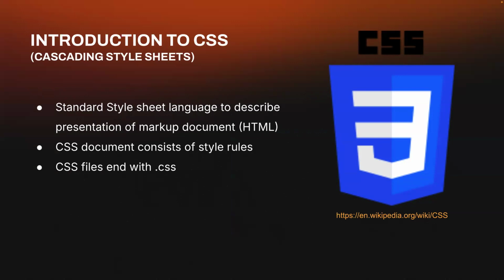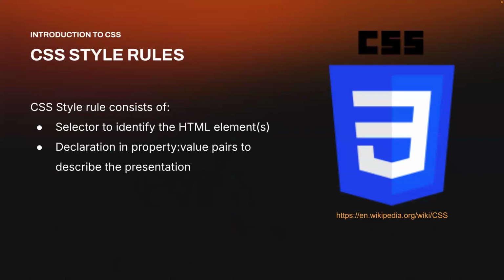We have CSS also. CSS is what gives the styles. It consists of style rules, and the file name ends with .css. Whereas HTML consists of attributes and content, a CSS style rule consists of the selector, what you want to select, and then the declaration.